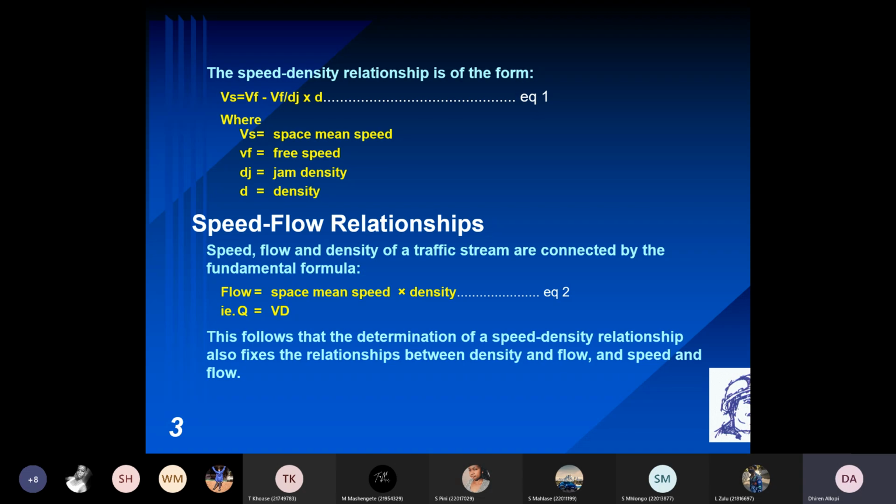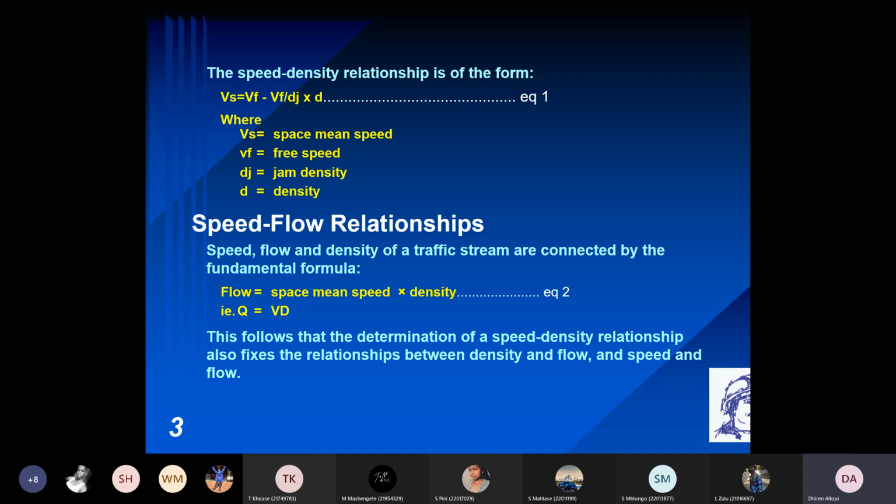As long as you know the density, the maximum speed and the jam density, one could apply this equation and find the speed at any point on the curve. So basically you have three knowns: maximum speed, jam density, and the density at that point, to find the unknown speed at that point.